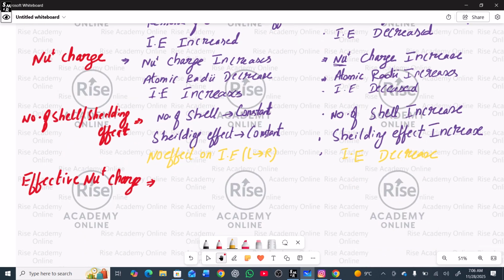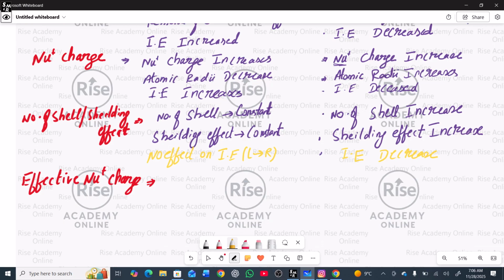You have studied that from left to right nuclear charge increases. Number of shells and shielding effect are constant. So the net effect is again the same as created by nuclear charge.